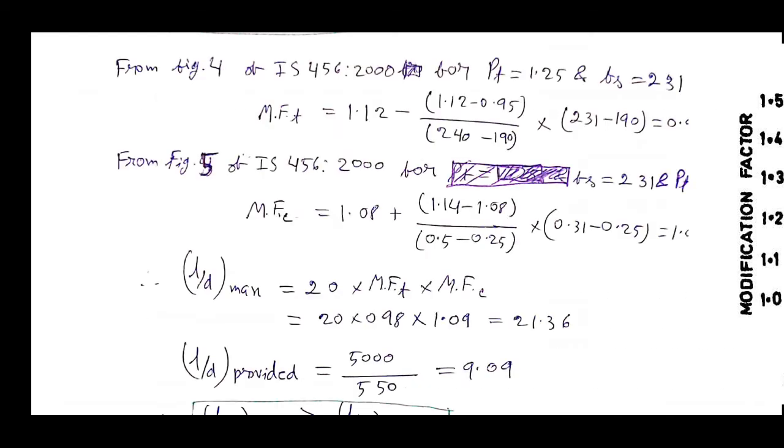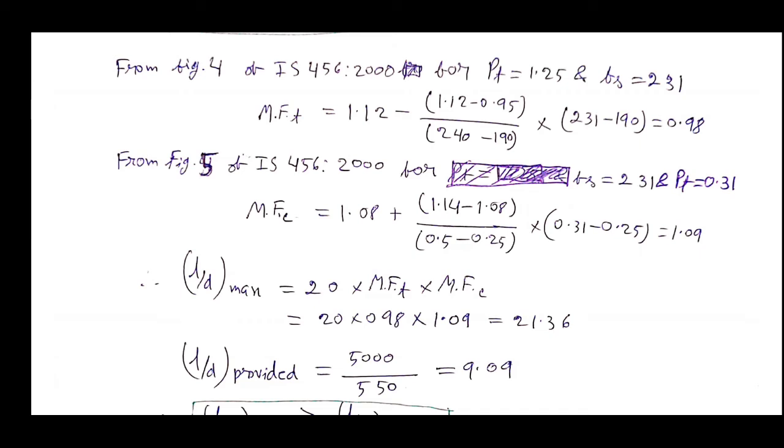So let's go to the notes and check it out. In the notes you can see 1.08 plus 1.14 minus 1.08 by 0.5 minus 0.25, multiplied by 0.31 minus 0.25, which equals 1.09. So these values we have checked from figure 5, right?